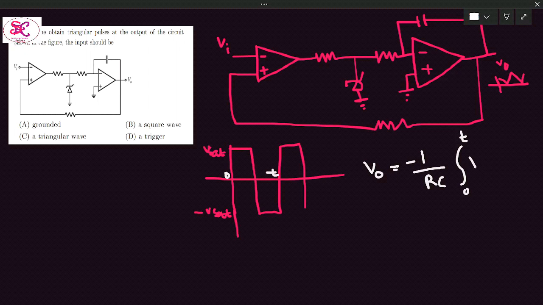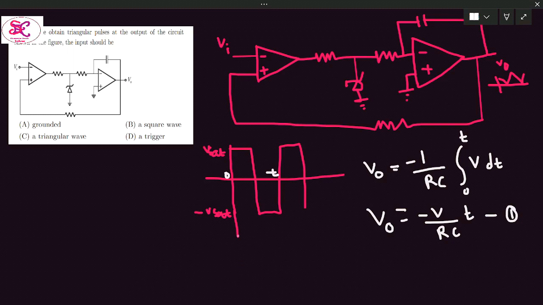Considering the input as V, dt, and after solving, I am getting minus V by RC into T, which is the output voltage of the integrator over one complete cycle. Say this is equation 1.